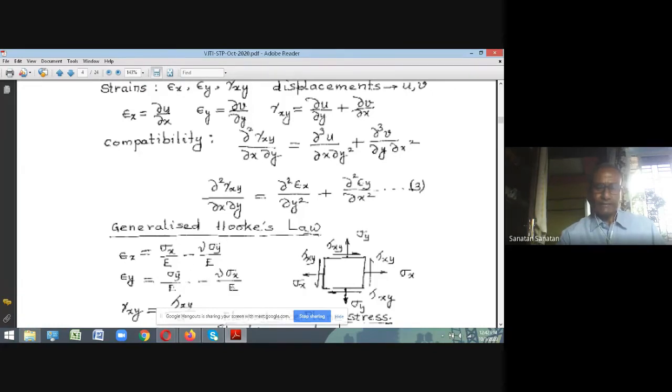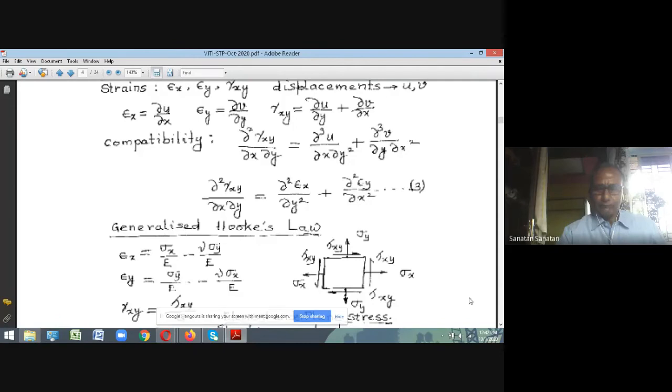Delta 2 gamma xy, delta x delta y is equal to delta 3 u delta x delta y square plus delta 3 v delta y delta x square. So this is actually a constraint. Although we have three strains, they have a constraint. This constraint equation is this.